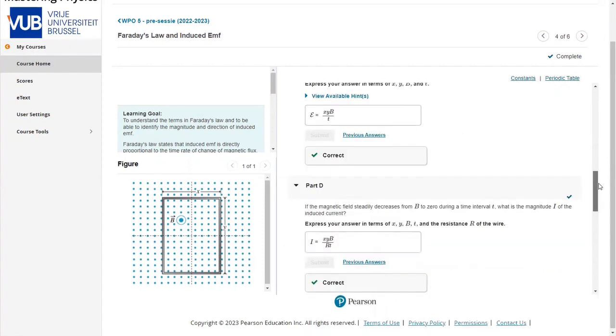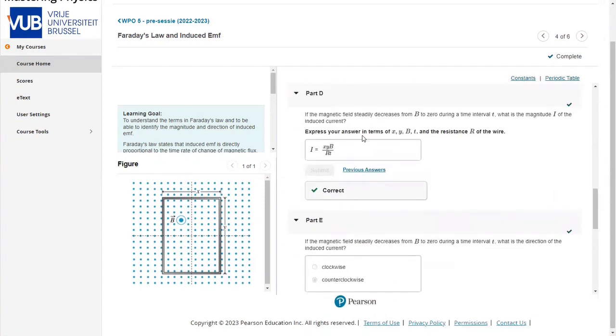Then you have D. The magnetic field steadily decreases from B to 0 during a time T. What is the magnitude of the induced current? Express your answer in terms of x, y, B, T, and the resistance R of the wire.